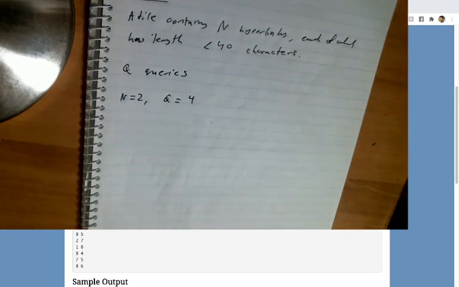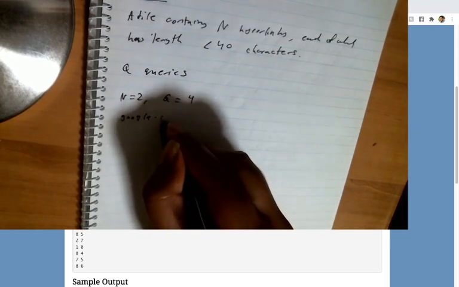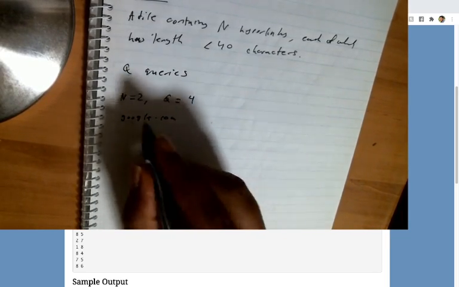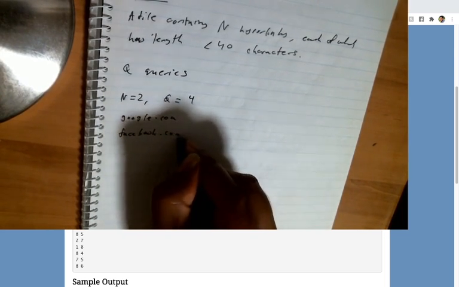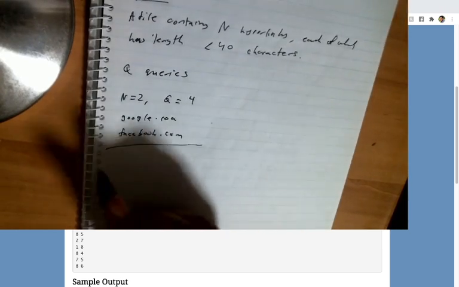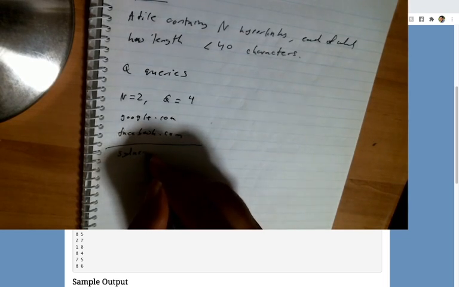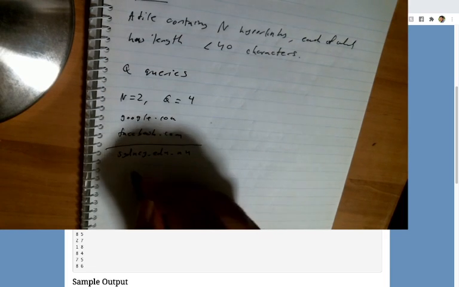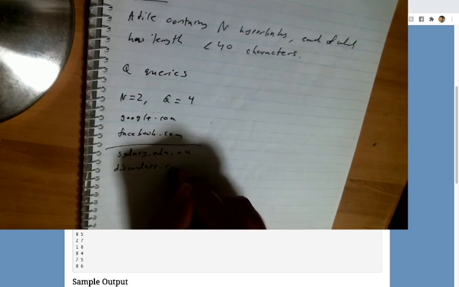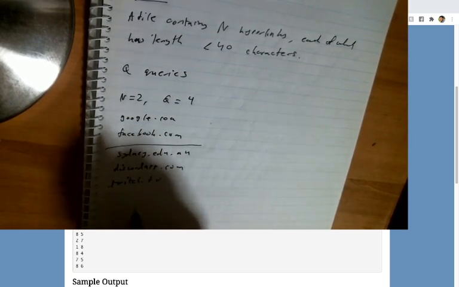All right, so my two hyperlinks are google.com and maybe facebook.com, and my 4 queries are something like sydney.edu.au, discordapp.com, twitch.tv, and let's say Google.